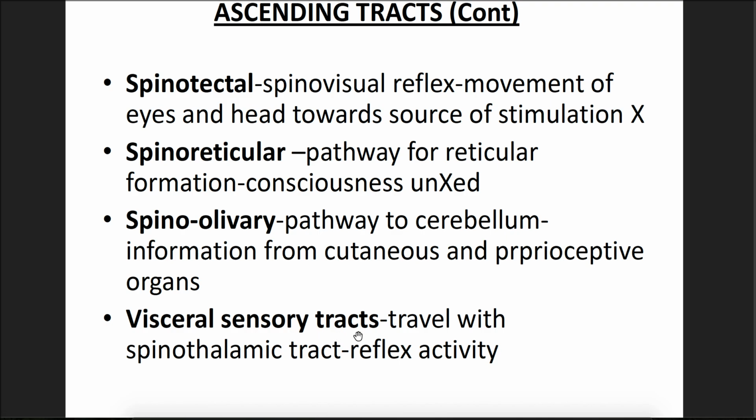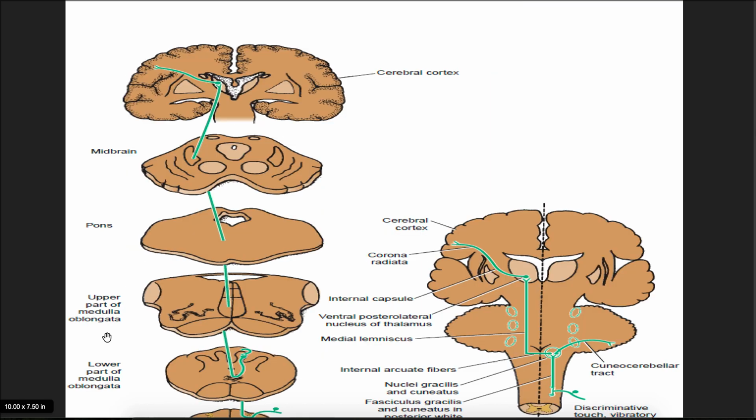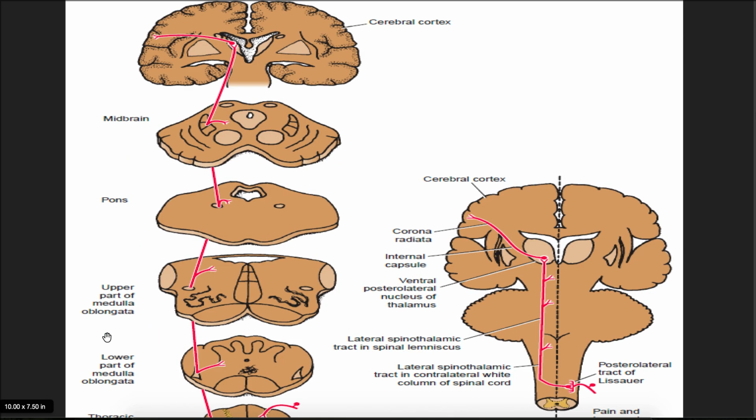Then you have visceral sensory tracts. They have to do with reflex activity, and they travel up with the spinothalamic tracts, bringing in information from viscera. So, very briefly, let's go through this so that we can move on.